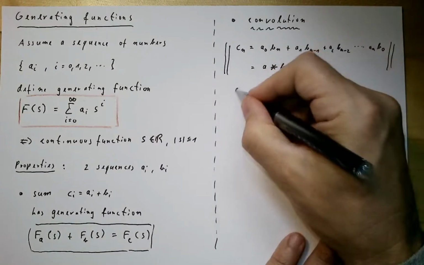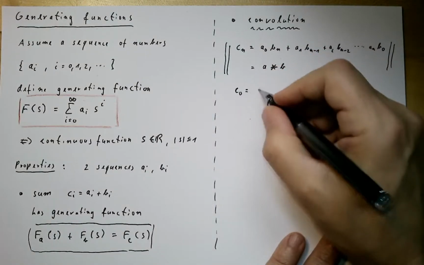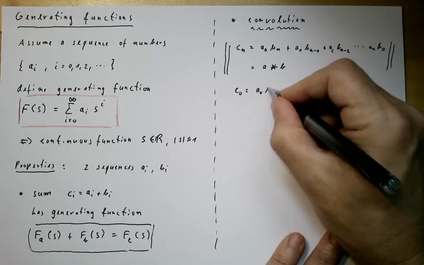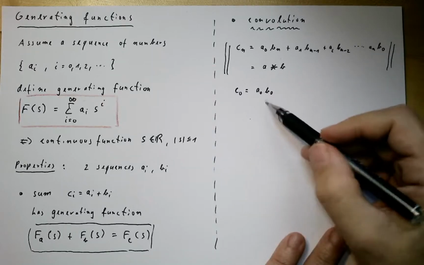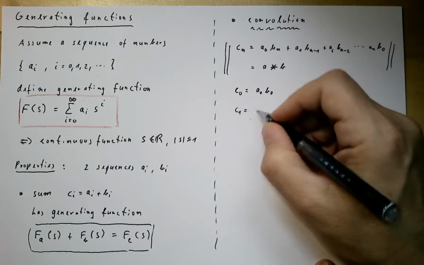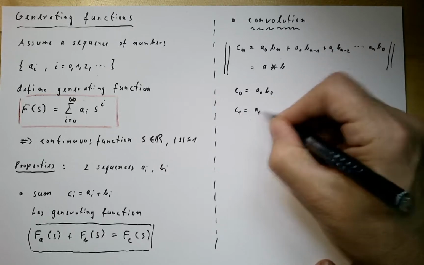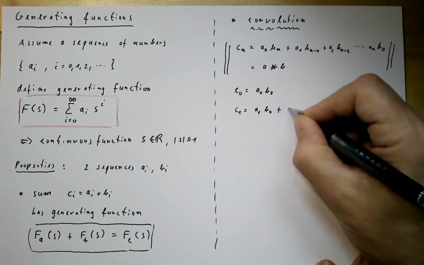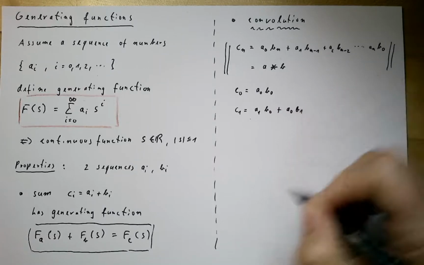So what is c_0? This is just a_0 b_0. And then what is c_1? This is a_1 b_0 plus a_0 b_1.